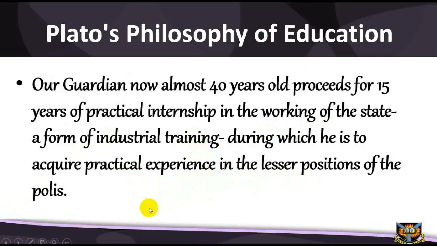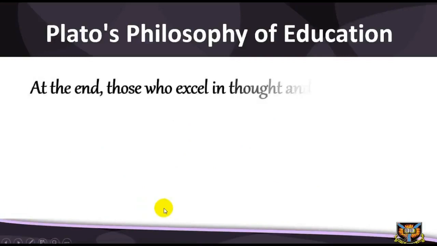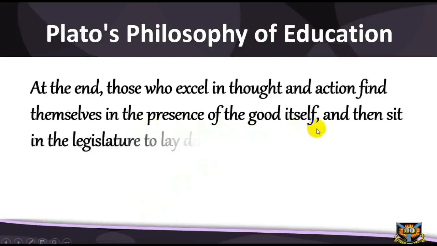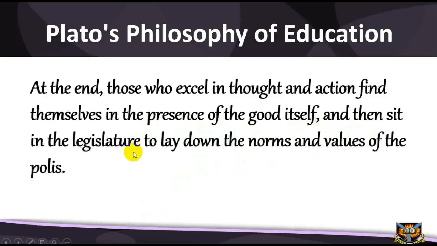At the end, those who excel in thought and action find themselves in the presence of the good itself, and then sit in the legislature to lay down the norms and values of the polis.